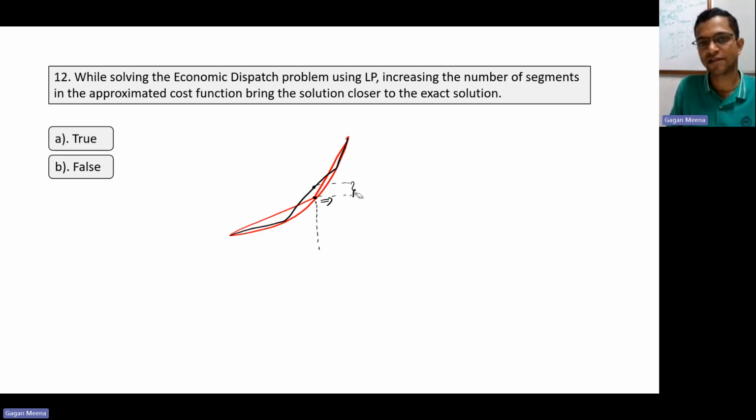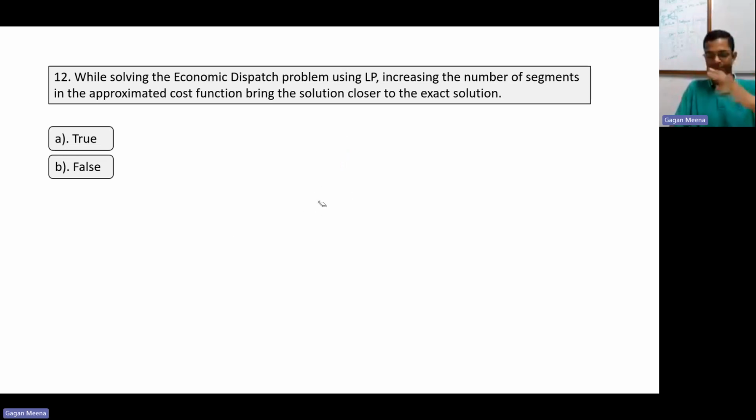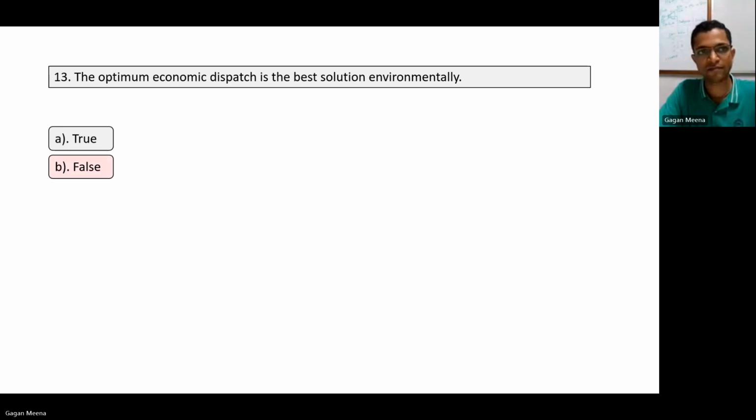But yes, it is true that if we compare 5 and 50, then 50 will certainly be much closer. But in between there can be ups and downs. It can be closer, or it cannot be compared directly.